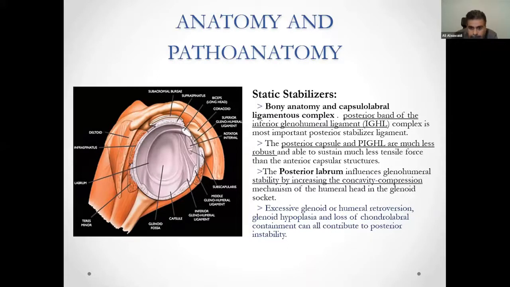Some of the things that are quoted, excessive glenoid retroversion and glenoid hypoplasia, I have not seen commonly in my population, but the importance of chondrolabral containment is one of the things that, when lost, often leads patients to present to you.